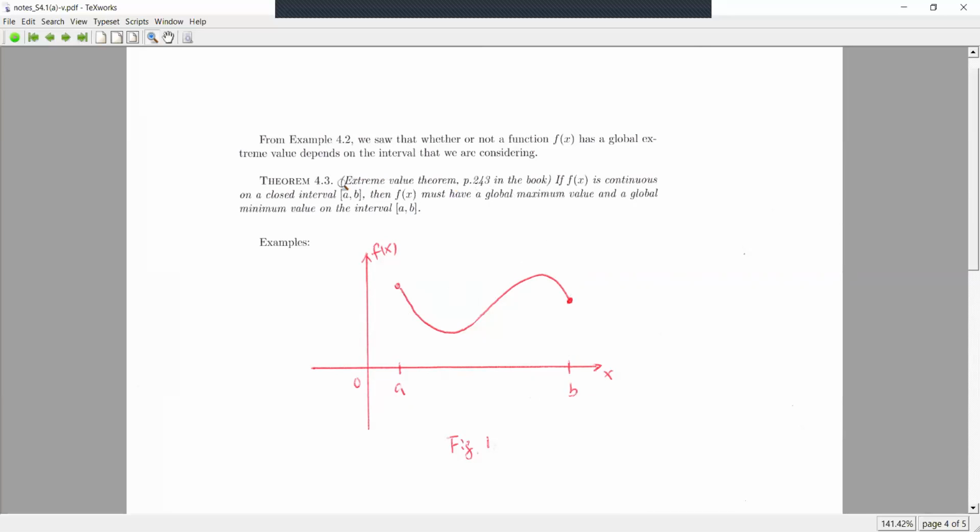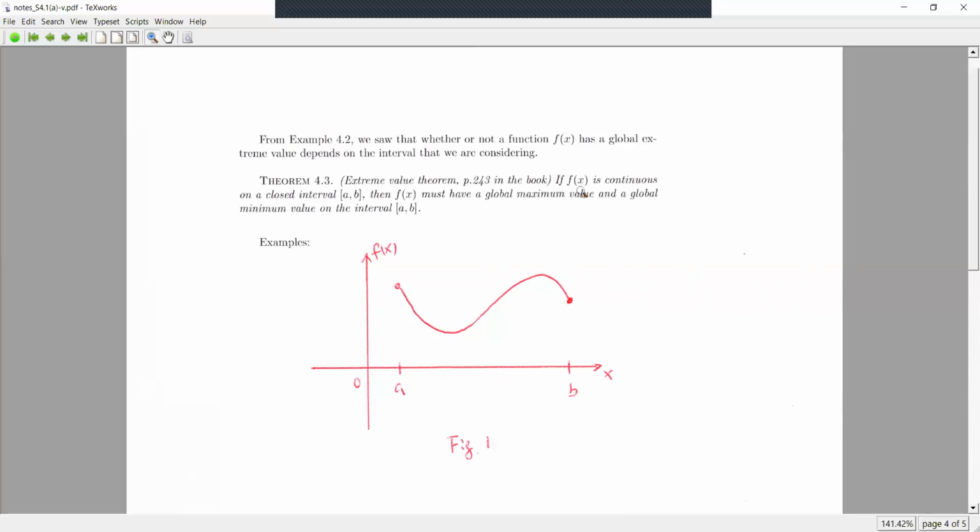Then this theorem says that the function must have a maximum value and a minimum value over this interval. Yeah, this point, the highest point. So the function value at this point, the y coordinate, is the maximum function value. This point is the lowest point. So the function value at this point, the y coordinate, is the minimum function value, guaranteed.